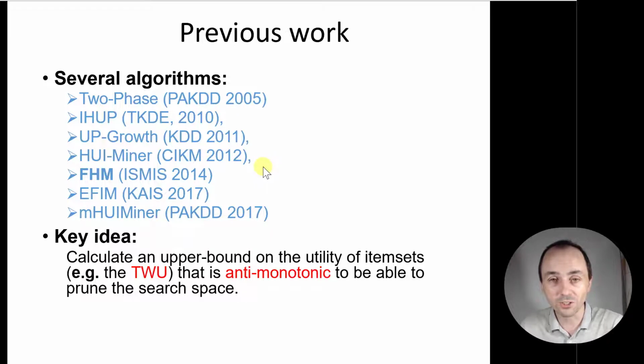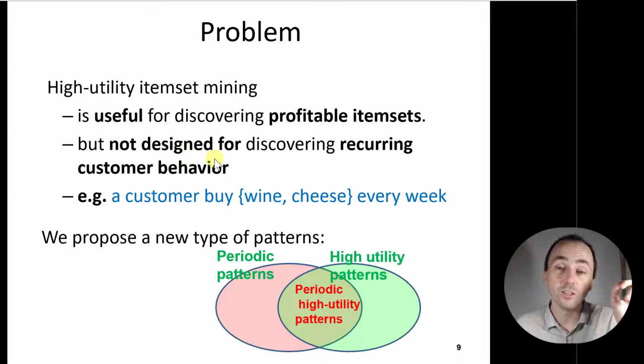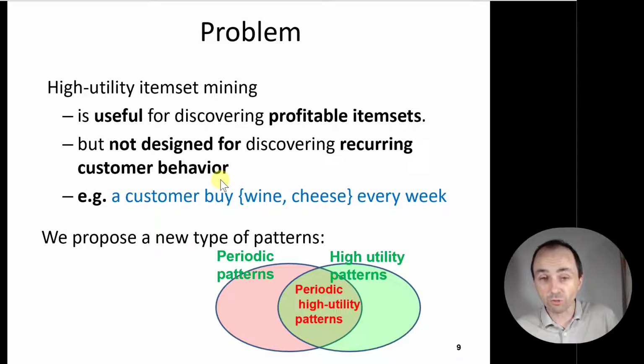Okay, so let's continue. High utility item set mining is popular and has many applications, and it can help you find the profitable item sets that people buy and make a lot of money. However, there's one limitation I want to talk about today. It is not designed to find recurring customer behavior, something that will repeat over time.